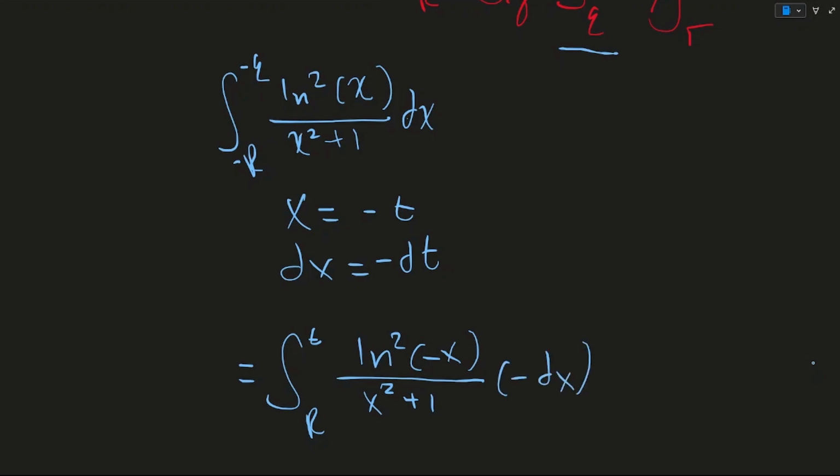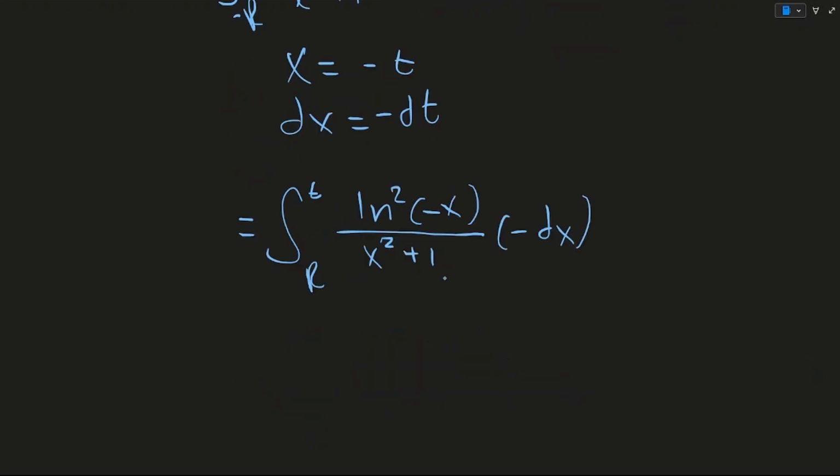And in case you didn't notice, I switched back to x because this t is essentially a placeholder variable. I could have just written it out as t, but I am writing it out now as x for the sake of simplicity because later on we'll be able to combine this with the other integral from epsilon to r, which is going to be in terms of x.